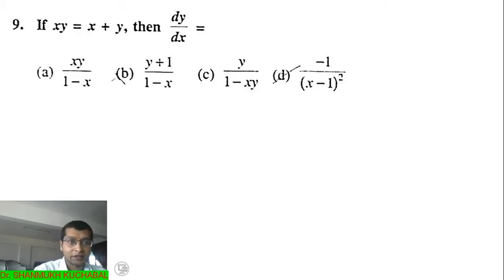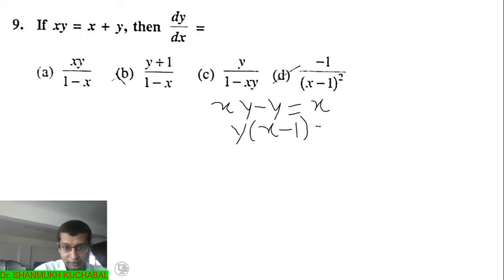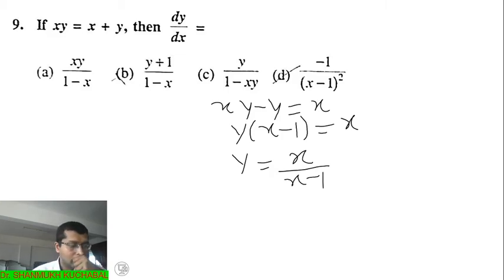It is xy equal to x plus y. So we collect y on LHS. So we get xy minus y equal to x. So take y common, we get y times x minus 1 equal to x. So the solution for y is x divided by x minus 1. So using the quotient rule, you have to differentiate. Y differentiation is dy by dx.